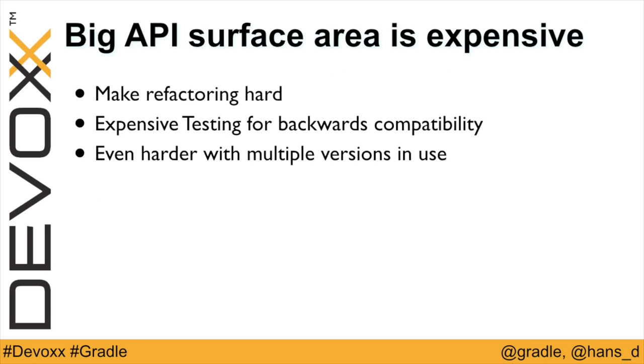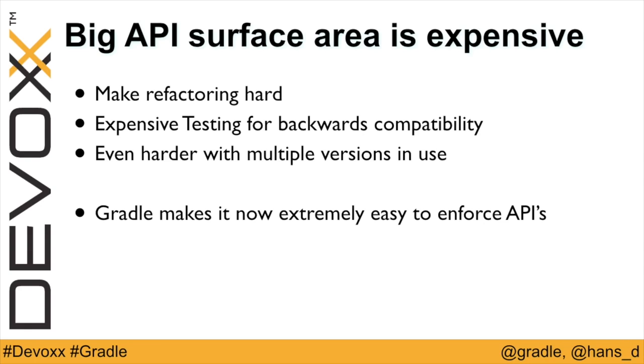So the key thing is to reduce the surface area of your API. Is that an exotic opinion? Well, I don't think so. In the Java world, I would even say it's at the heart of Java 9 with Jigsaw: define your API and your implementation.